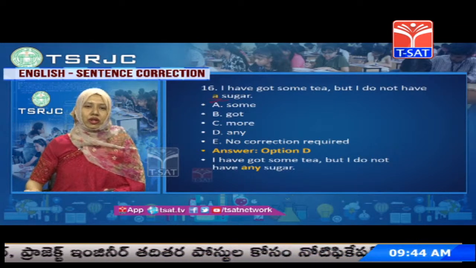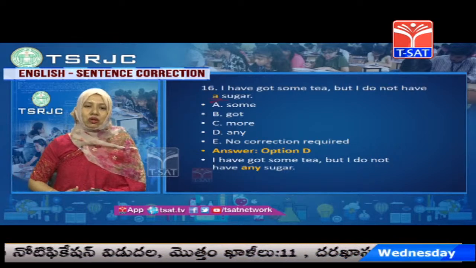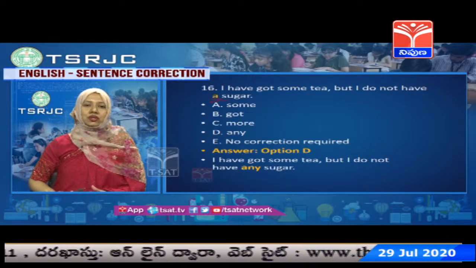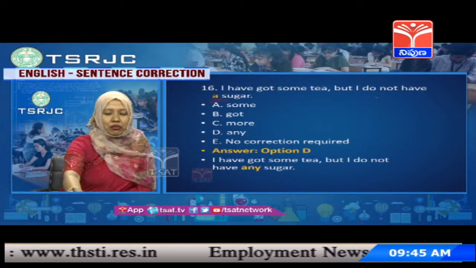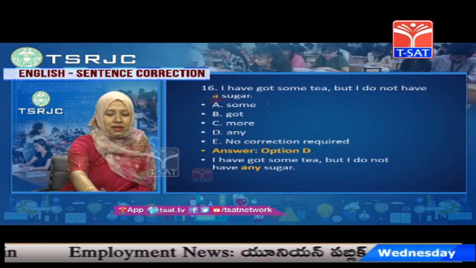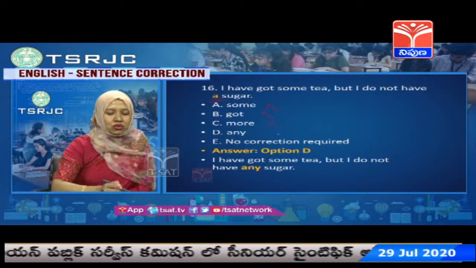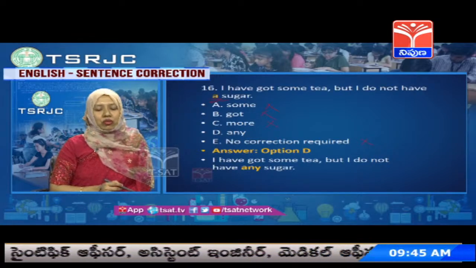It talks about quantity, it is uncountable. So before uncountable nouns we use "any." "I do not have some sugar" is wrong, "got sugar" is wrong, "more sugar" is wrong, and "no correction required" is also wrong because there is a mistake.